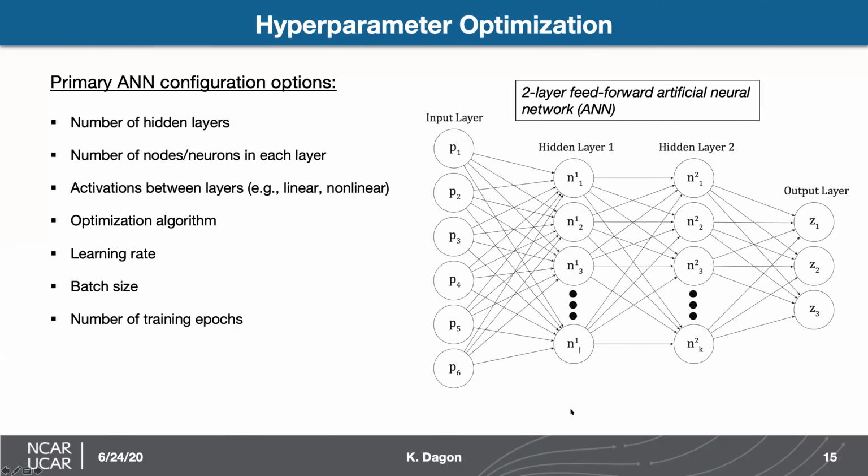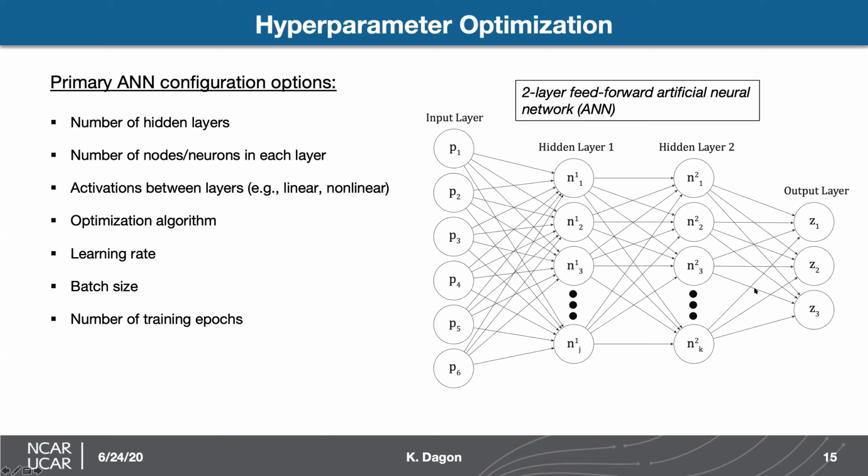Okay, so I've been seeing a lot of questions during the discussions about hyperparameters. So I wanted to spend a little time talking very specifically about hyperparameter optimization, what I did for my work. Again, this is not setting the weights and biases of the network. That's set during the training process.